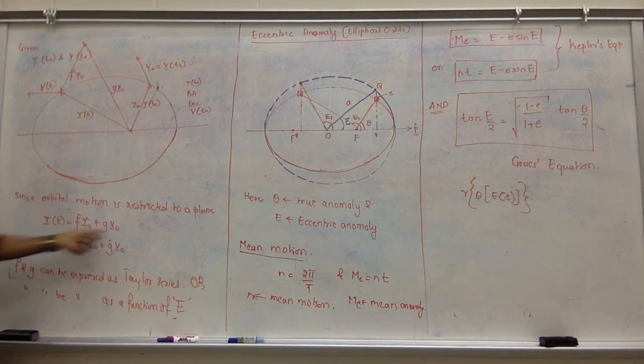So once you know r naught, v naught, if I give you an expression for f and g, the expression will be in terms of r naught and v naught, or it will be in terms of eccentric anomaly. Okay. So now tell me, if it is 30 minutes, how do you relate that to eccentric anomaly? It's 30 minutes. Have you looked at problem number 4.2?